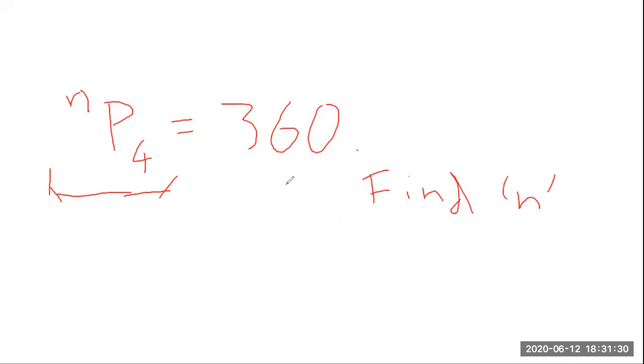I think I'll give a hint to do with factorials. Obviously, factorial is the multiplication of all the previous numbers.